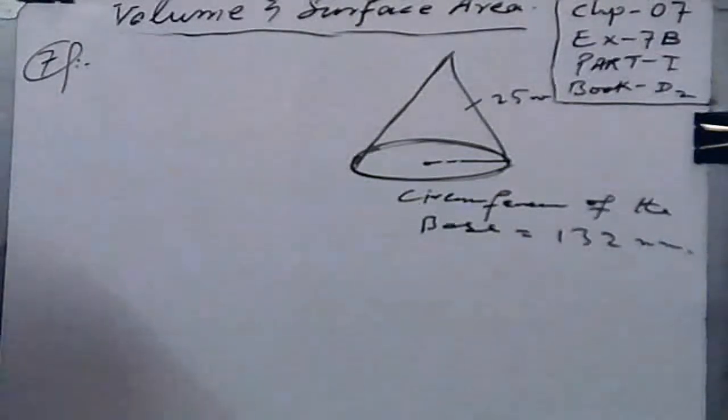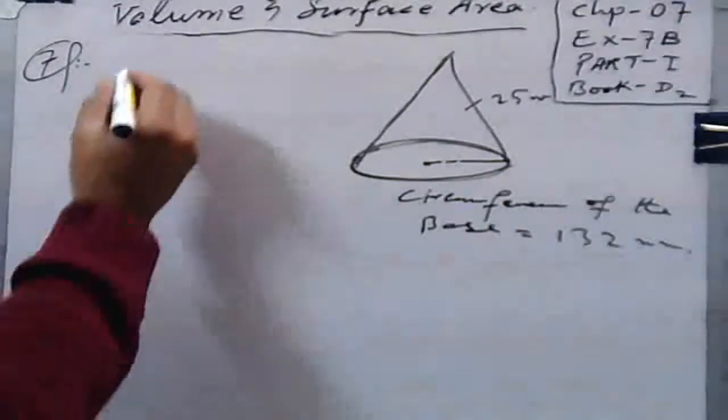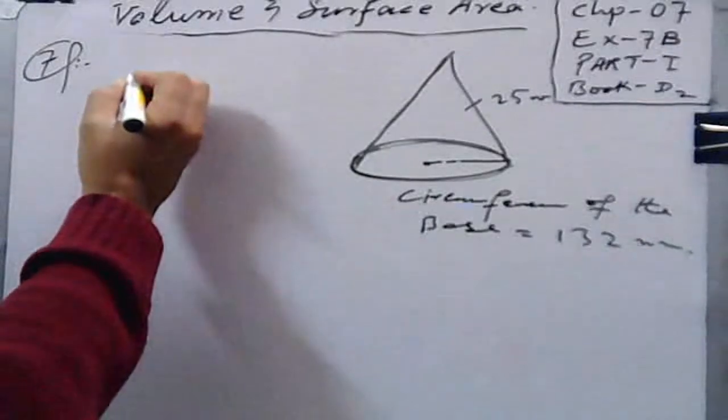So it means we have to find the curved surface area. The circumference of base is given. First we have to find the value of r.